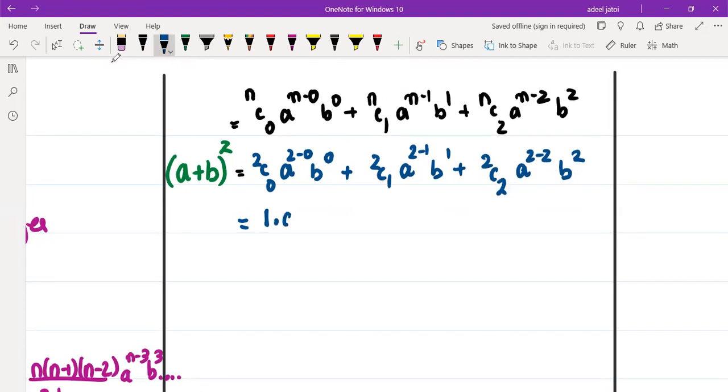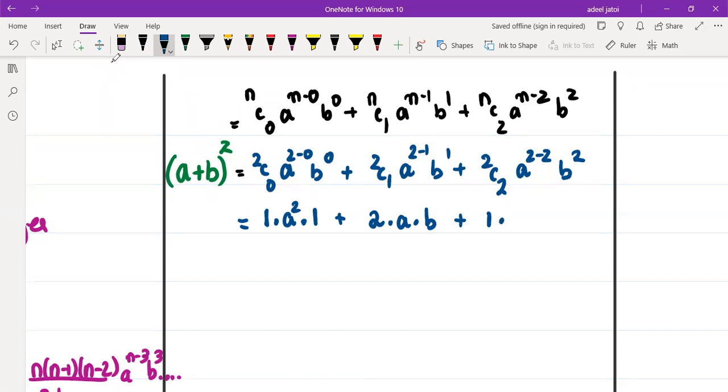A to the power 2 is a square, and b to the power 0 is 1, plus 2C1 is 2 multiplied by a multiplied by b, because both have power 1. 2C2 is also 1. That means if it is 5C5, it will be 1 as well. 10C10 will be 1.